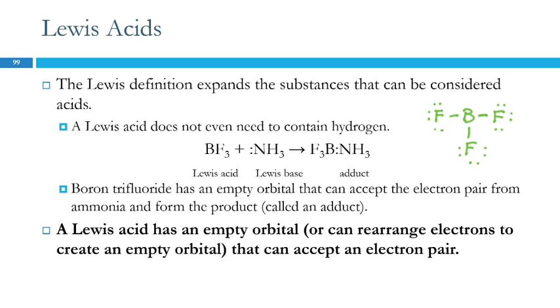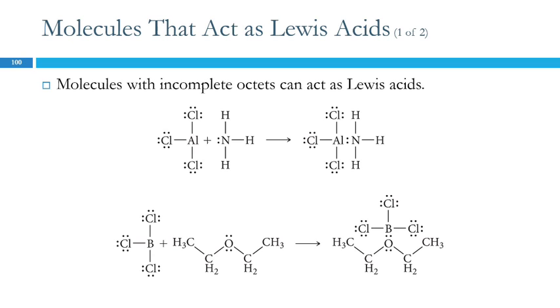So what's a little different here is instead of an acid handing off a proton to the base and then they go their separate ways, here, the electrons are being donated, but they stay together. So Lewis acids are going to have empty orbitals, or they're able to rearrange their electrons to create empty orbitals that can accept the electron pair.